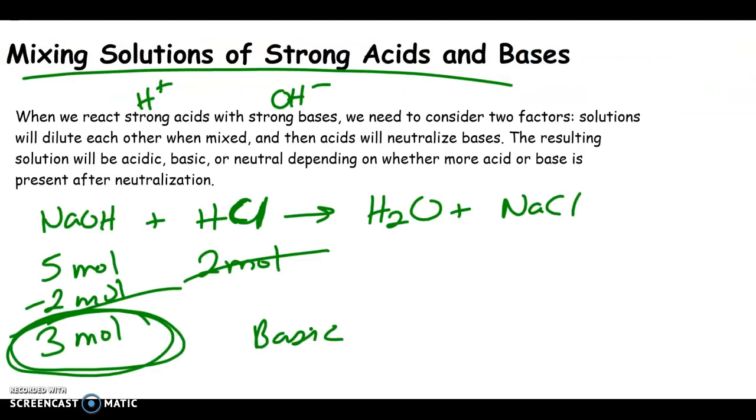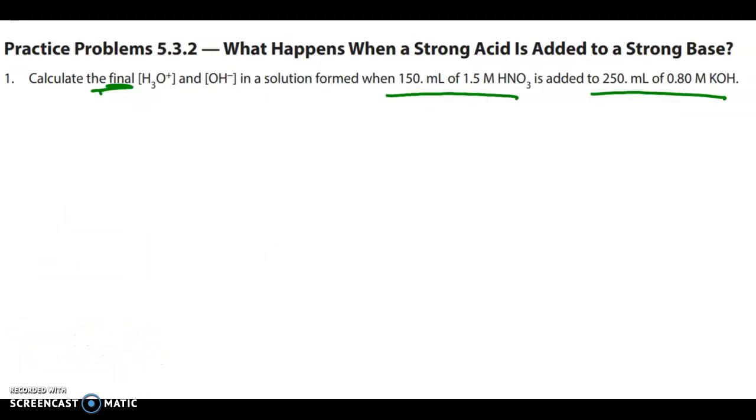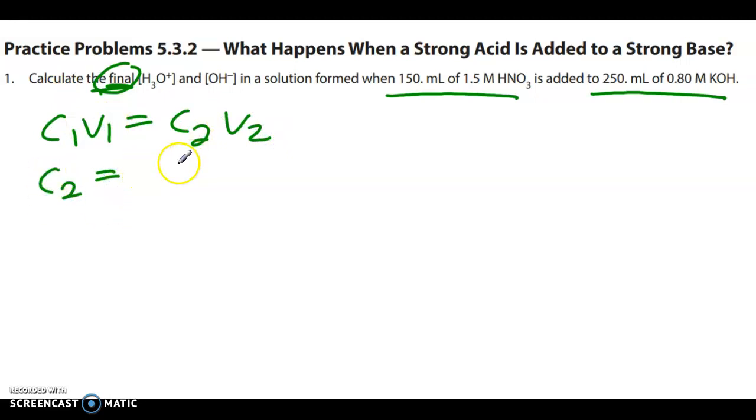I didn't really deal with that earlier because that was just getting the concept down. But when you're asked to solve for the final concentration, you have to first get the concentration upon mixing. So we're going to have to do our C1V1 equals C2V2 again. Just to clarify, because I'm going to simplify this, it's really C1V1 over V2.